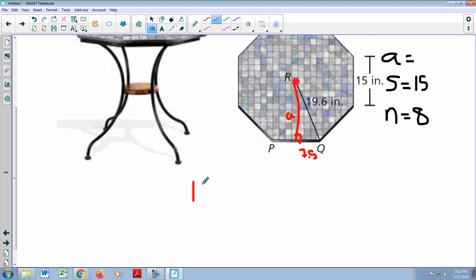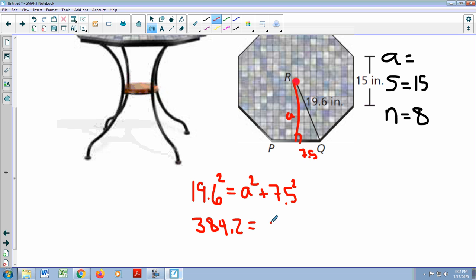I know 19.6 squared equals a squared plus 7.5 squared. So 19.6 squared is 384.2. 7.5 squared is 56.3.